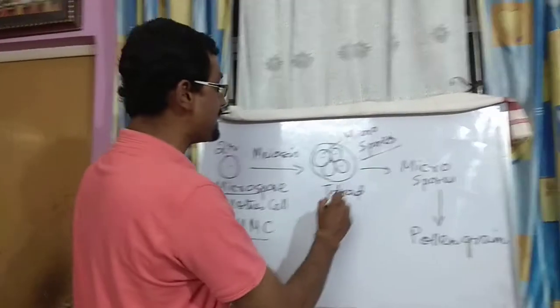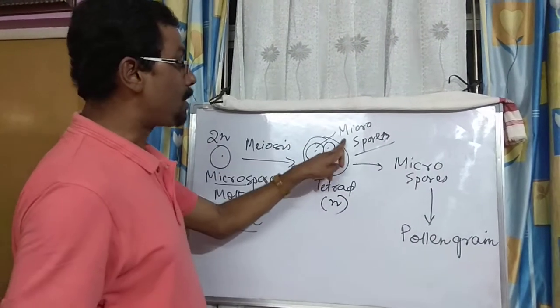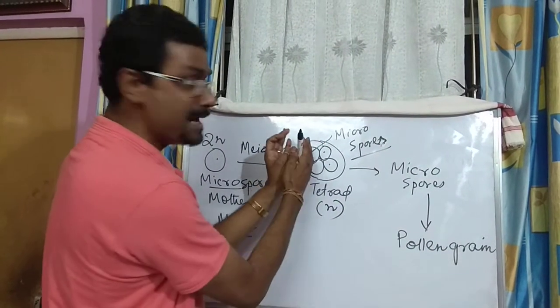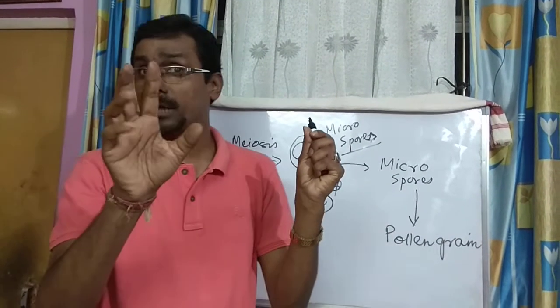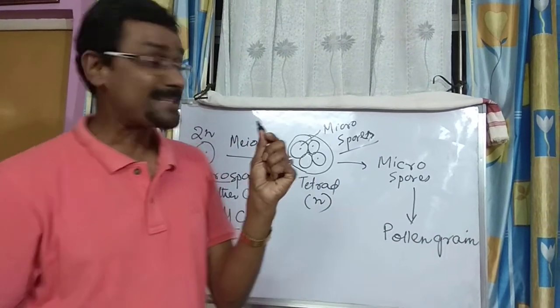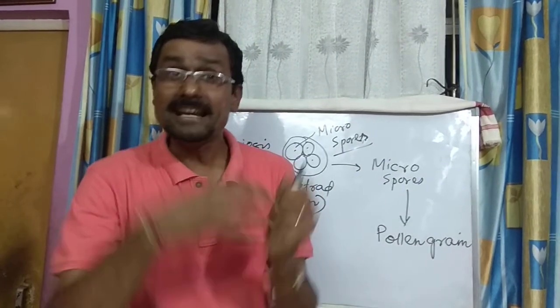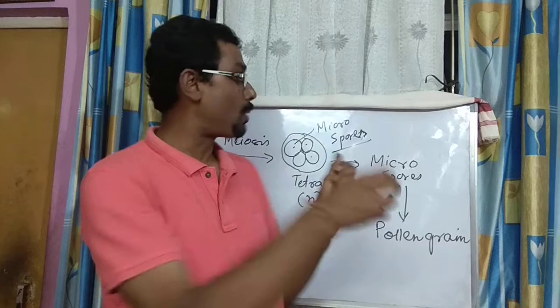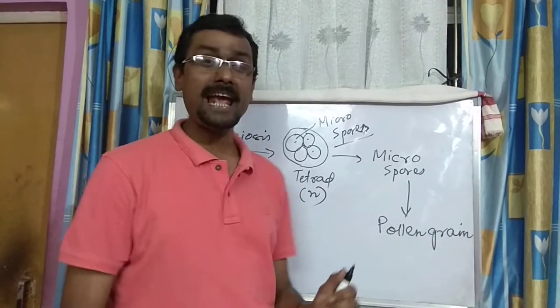So they are now N. We have to keep in mind N. It was 2N. They are called microspores, but they are clumped together. They remain together in a fluid condition. Another point you have to keep in mind. What happens now? When it dries up, everything opens and identity comes out. They are now called microspores. A microspore develops into pollen grains.